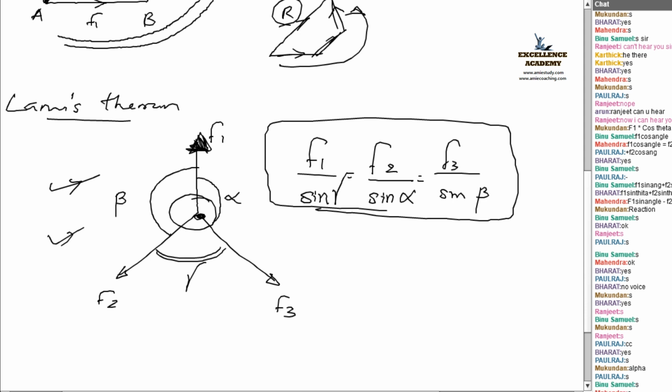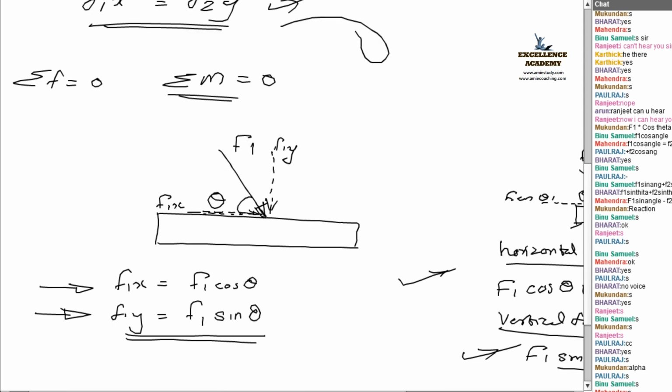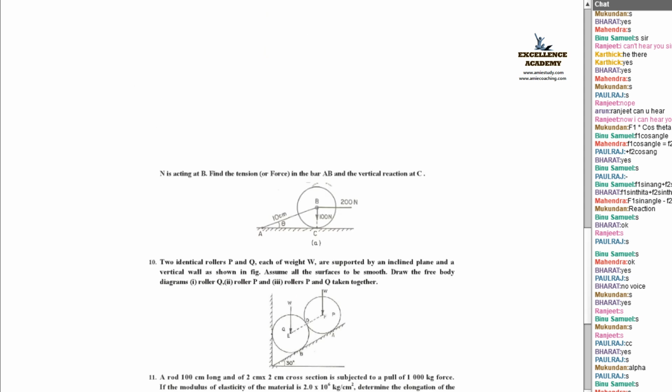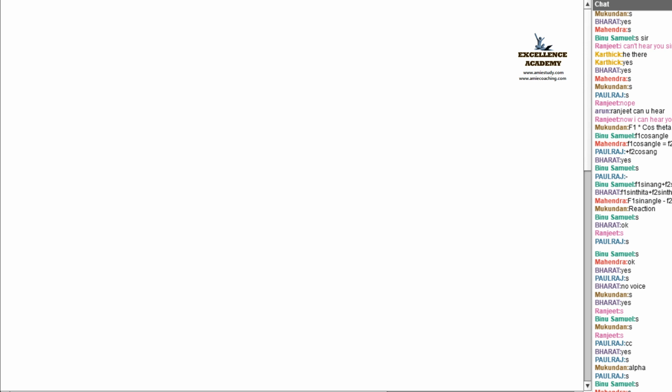Now we are again discussing action and reaction, which you might have seen here. Let me take a new whiteboard. That is our next topic: action and reaction.